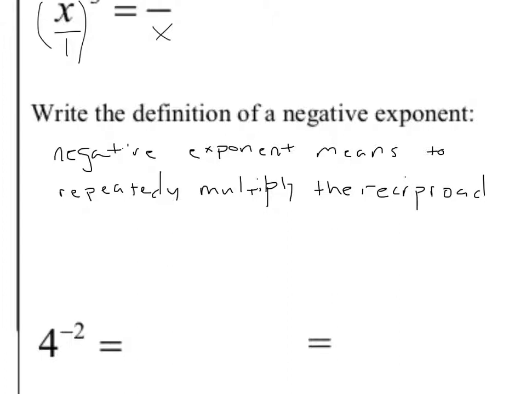Okay, so a negative exponent means that we're supposed to repeatedly multiply the reciprocal.